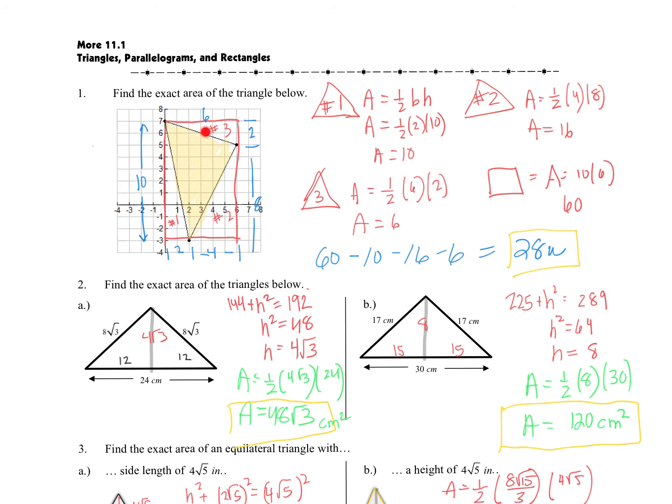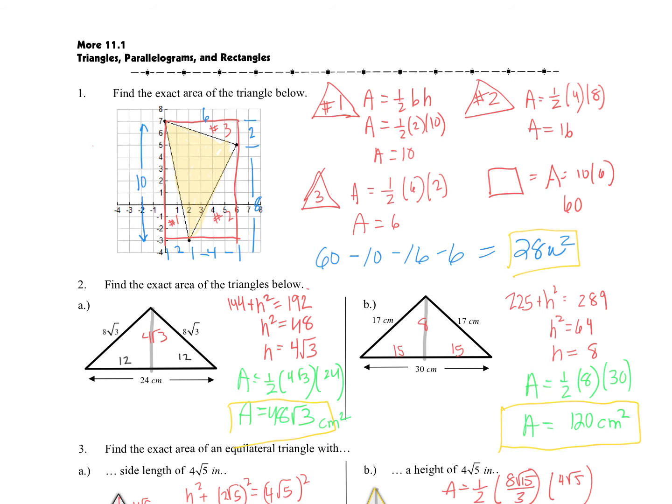Number 3 is 1/2 of 2 times 6, and I got 6. So I took that 60, the area of the whole rectangle, and subtracted the area of triangle 1, triangle 2, and triangle 3, and that leaves me with 28 units squared, the area of this triangle here.